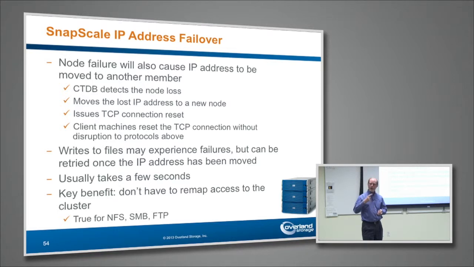The other nodes will then say, I can serve it. So a new node will get the IP address, and once it gets that IP address, it will send out a TCP reset on the connections. The client will then reset its TCP counters and so on, and continue on with its communication.